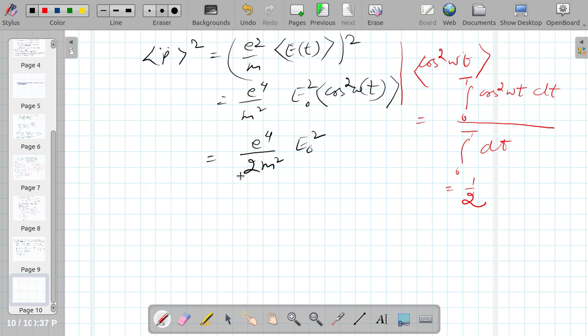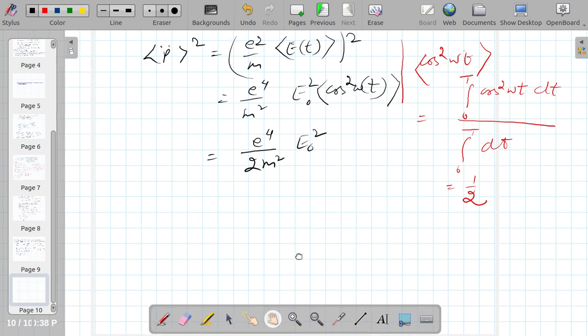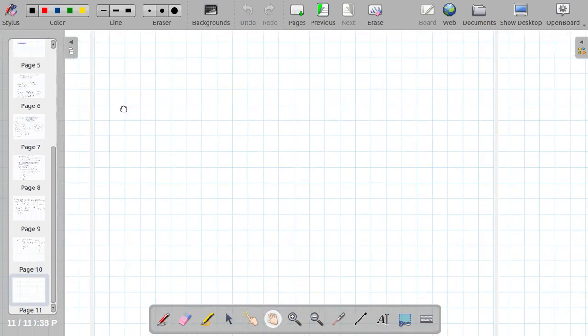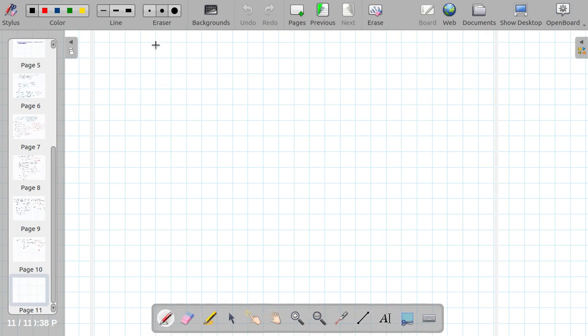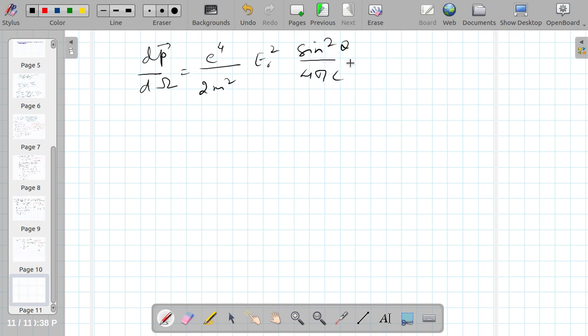So therefore, substituting this value to find out the value of dP over d omega, it will become e to the 4 over 2 m squared E naught squared, and here it is sine squared theta over 4 pi c cubed.